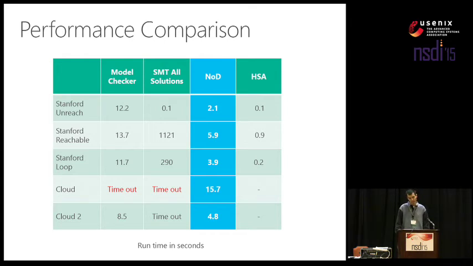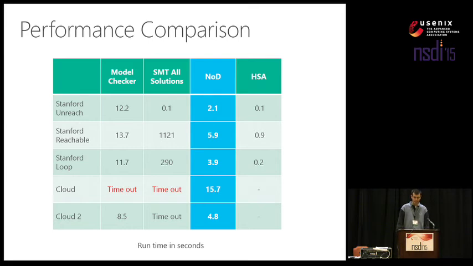But HSA is faster than Node. However, it's not as expressive as Node, so it cannot do all the benchmarks. And so we have this trade-off, it's faster, but it cannot do everything. Of course, potentially, HSA could be extended to do all the other benchmarks, but again, you'd need a lot of engineering effort to change the internals of these tools.